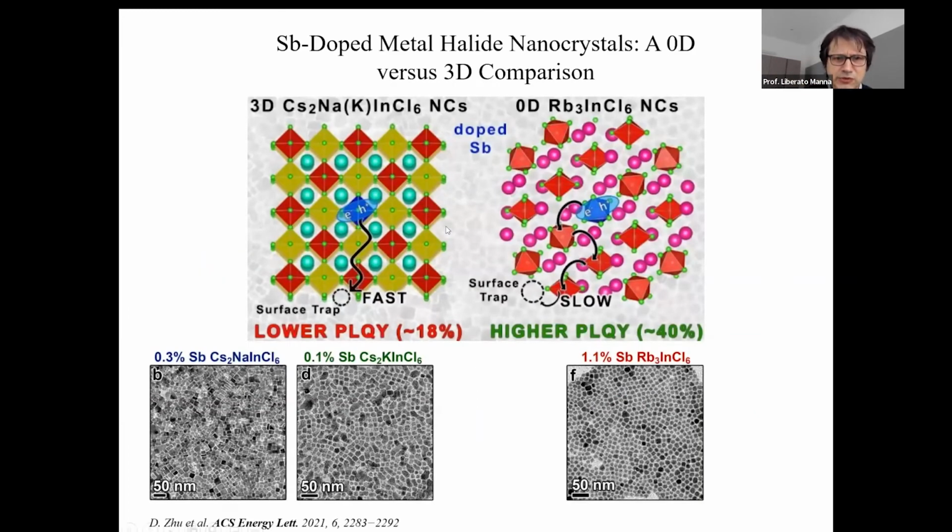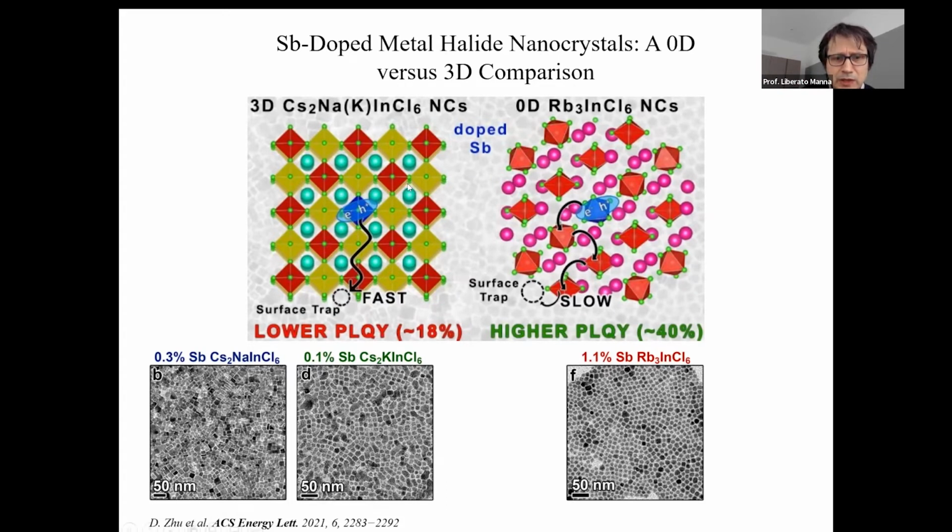So this is what we tried recently. We started from two systems. Actually, these are three systems. We took two very similar types of double perovskite. In one case it was cesium sodium indium chloride nanocrystals, and in another case it was cesium potassium indium chloride nanocrystals. And we doped them with antimony. Doping with antimony leads again to self-trapped exciton emission.